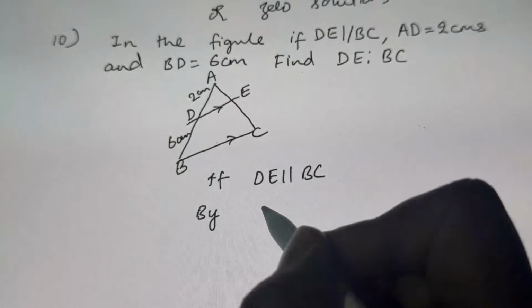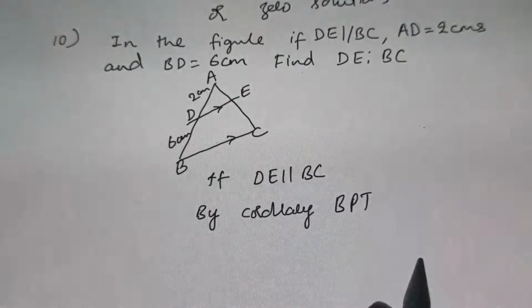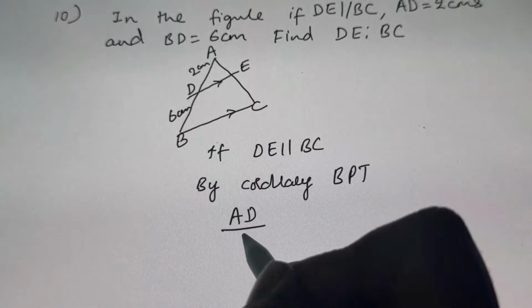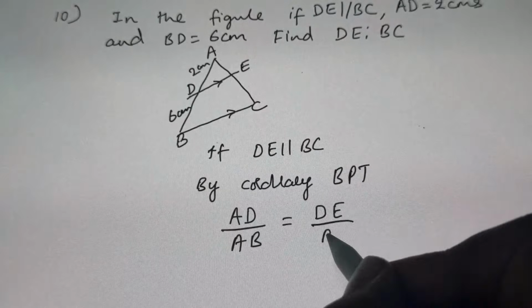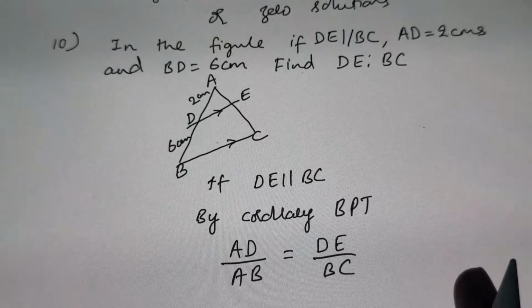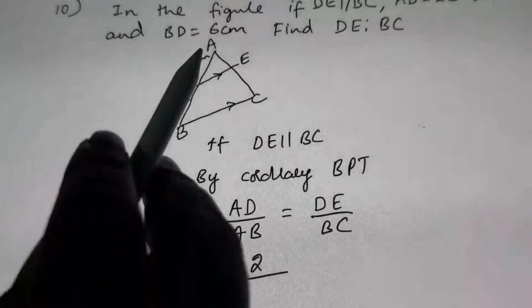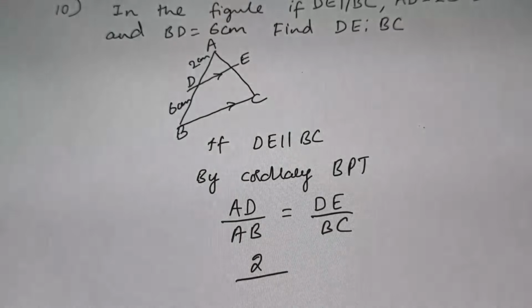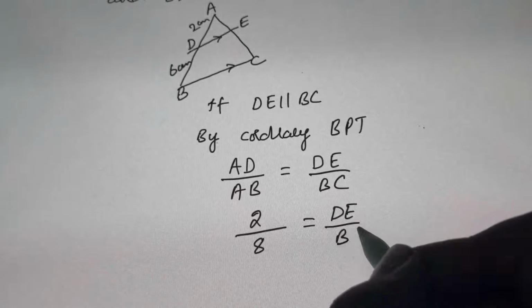So, by corollary of BPT, we have AD by AB equals DE by BC. AD is 2 centimeters, so that is 2 divided by AB. AB is not given, but you have to add: AB is AD plus DB, so that is 2 plus 6 is 8, equals DE by BC.